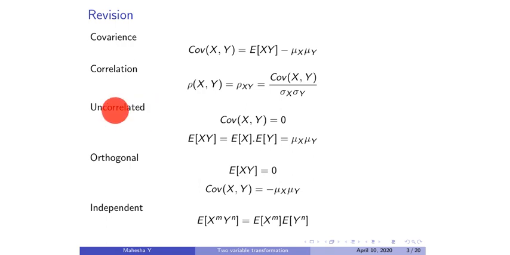Two random variables are uncorrelated if covariance of xy equals 0. The covariance is 0 means they are uncorrelated. When covariance is 0, obviously the correlation coefficient will be 0.